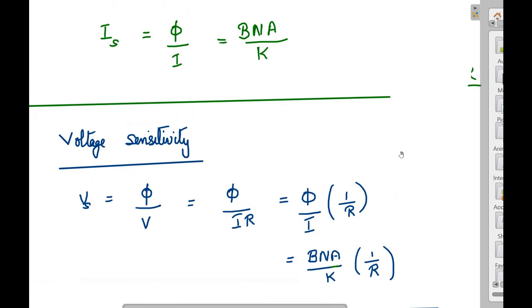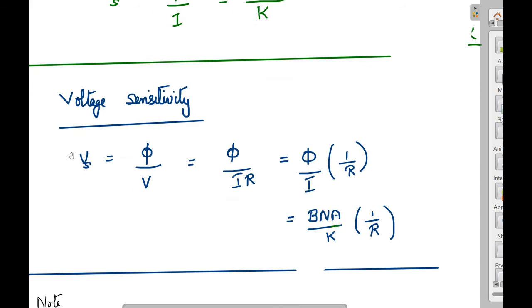Now, how can we define current sensitivity? Current sensitivity is the deflection produced by the coil when unit current passes through it. Similarly, voltage sensitivity is the deflection produced by the coil when unit potential difference is applied to the coil.